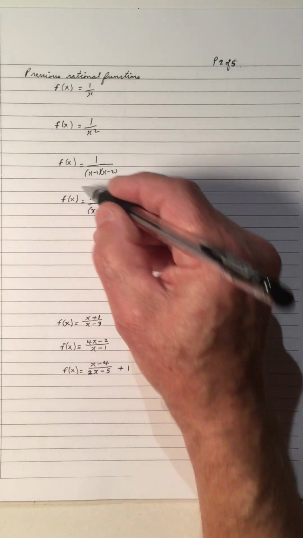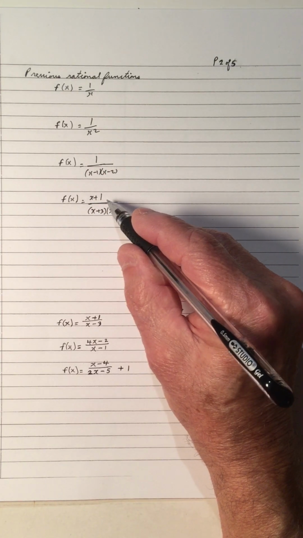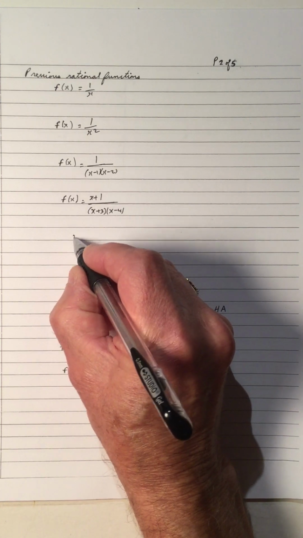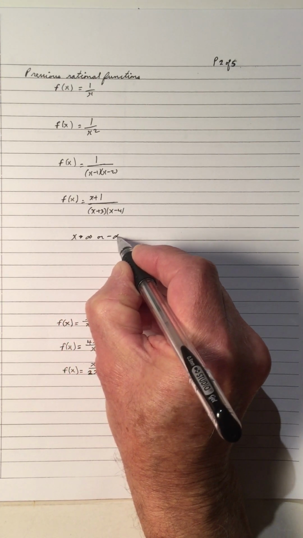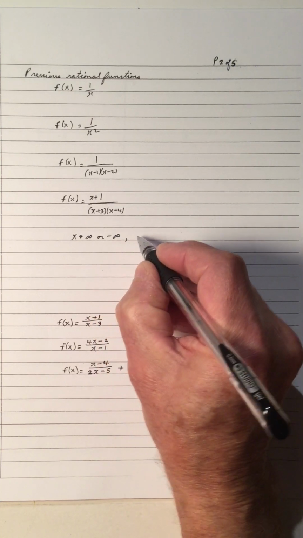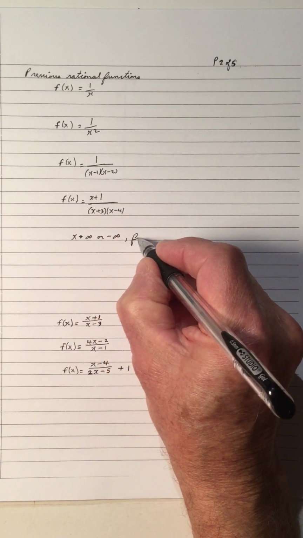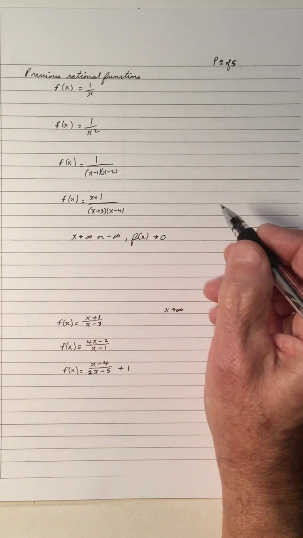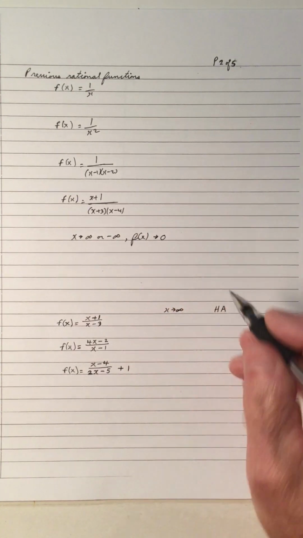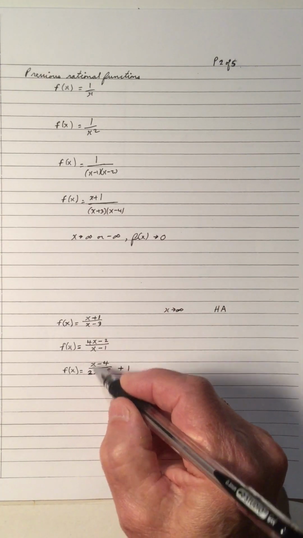In each of these functions, as x approaches infinity or negative infinity, the function f of x approaches 0.